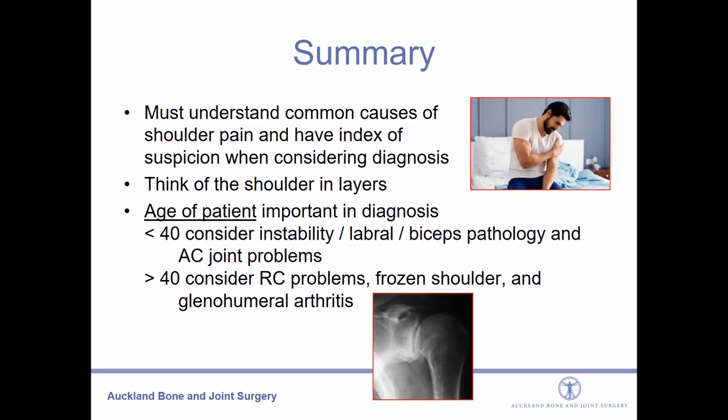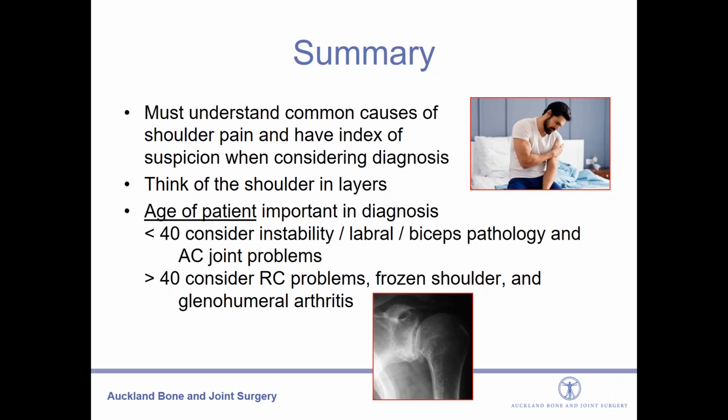But if you at least understand the more common causes of shoulder pain, and hopefully over the last hour we've covered a few of those off, and have an index of suspicion, don't think that every ultrasound that shows bursitis is an impingement problem. Think about those layers, consider the age of the patient and the different pathology in those layers. And probably the main thing is consider those other diagnoses all the time.